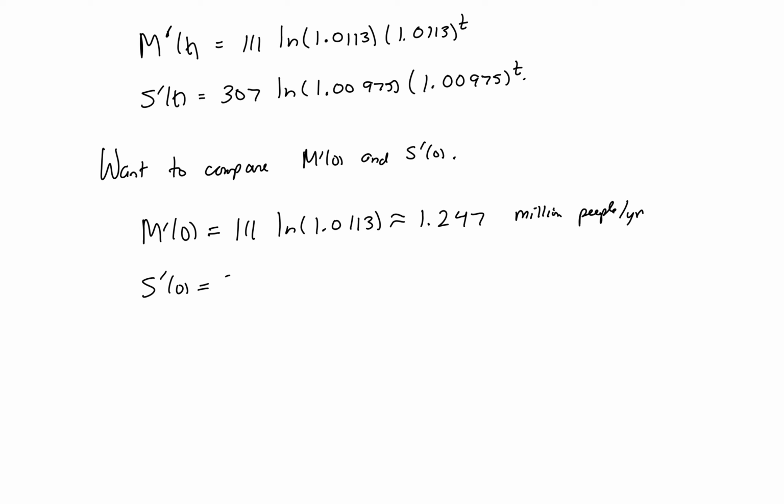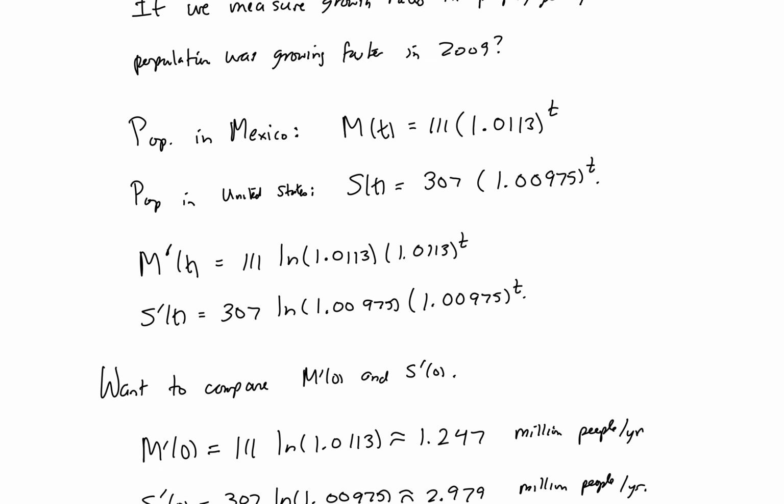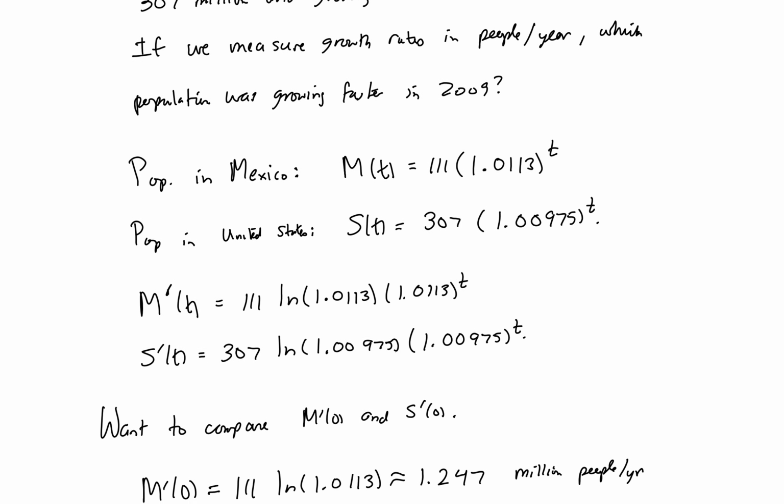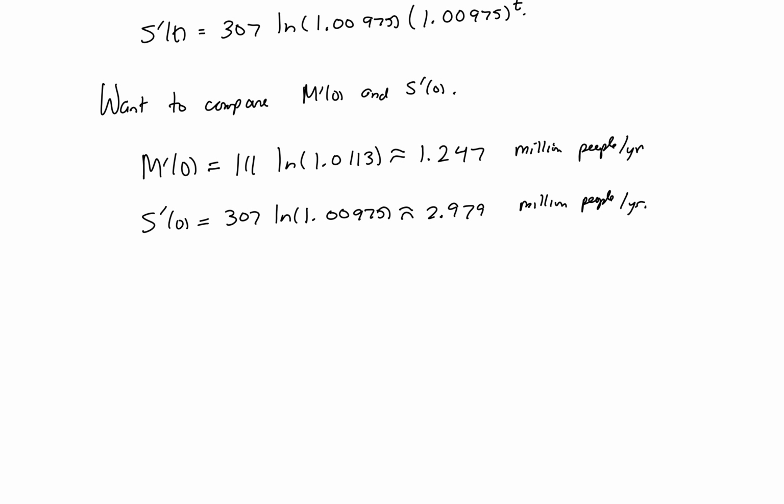And if we do the same thing for the United States, we get 307 times natural log of 1.00975, which is approximately 2.979 million people per year. So when our question was which population was growing faster, the United States population was growing faster.